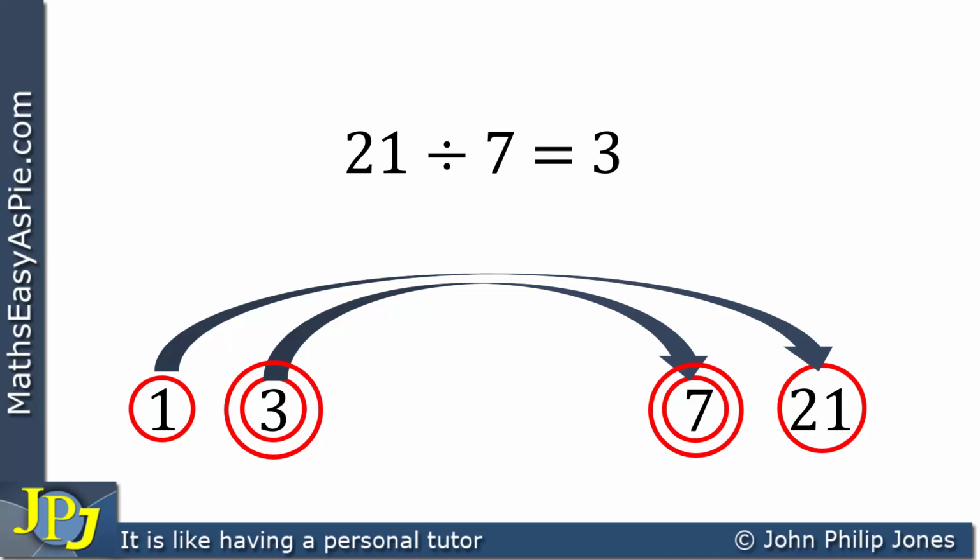So we've finished this division process, and what you can see in front of you circled are the factor pairs for 21, and you can see there are just two, the 1 and the 21 and the 3 and the 7.